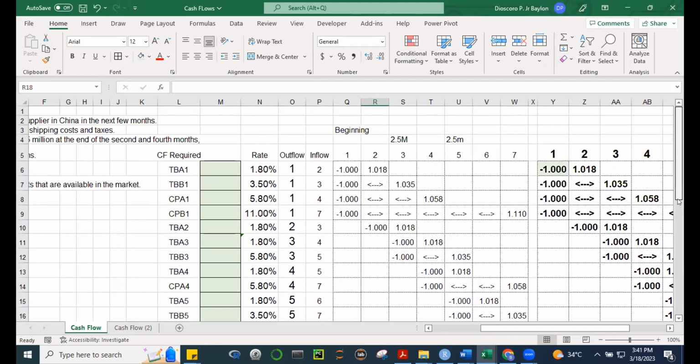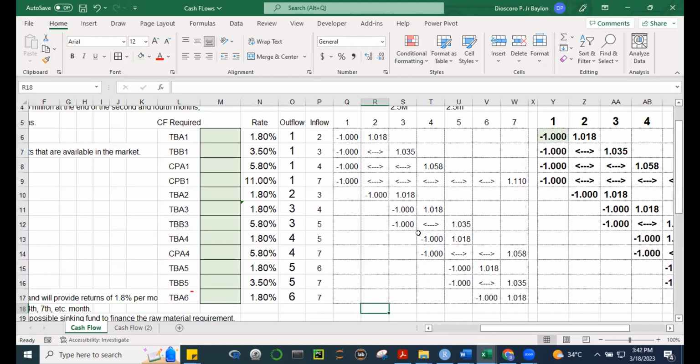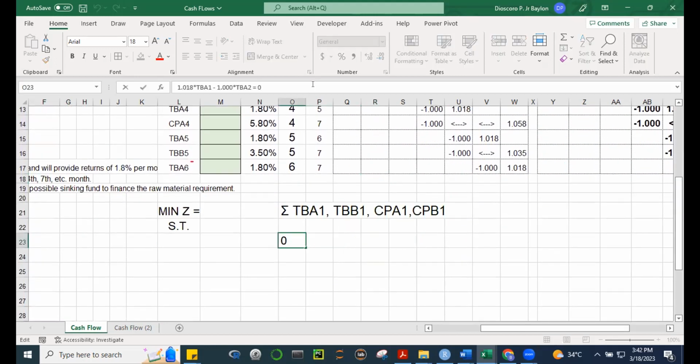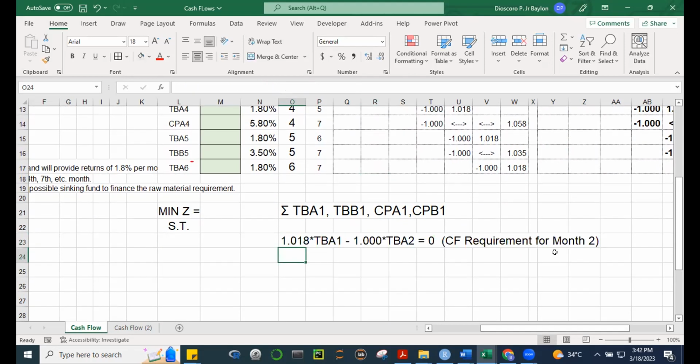Okay, so we just looked at the factors here. That's why we did this, because we would like to know the cash flows of a particular month. Here it will spell out what are the inflows and outflows for month 3. This is the cash flow requirement for month 2.